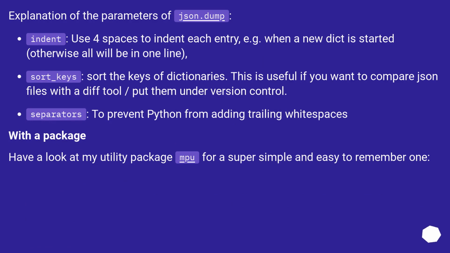Explanation of the parameters of json.dump: indent, use 4 spaces to indent each entry, for example when a new dict is started, otherwise all will be in one line.